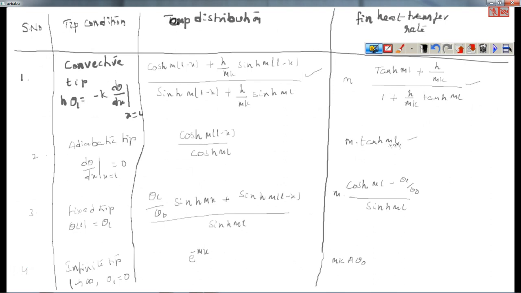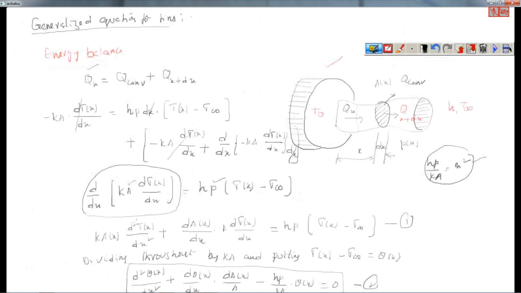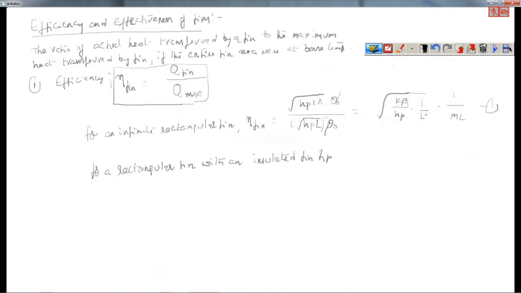Now for this I am using this equation. For the rectangular fin, the infinite tip I'll call case one, and this I am using as case two.